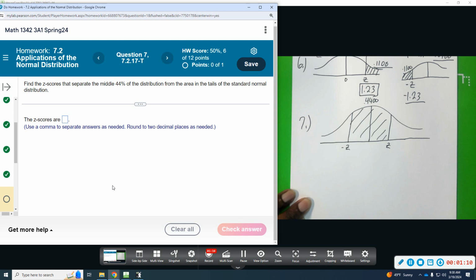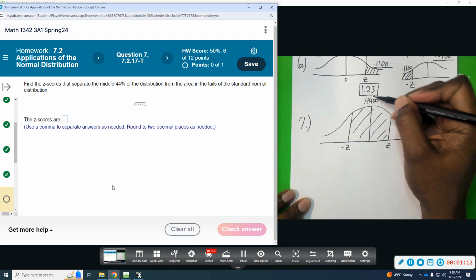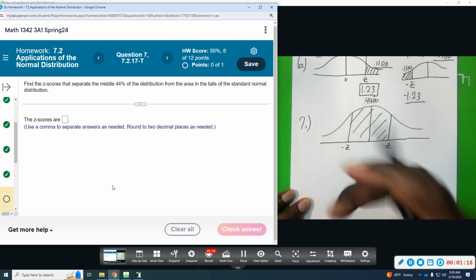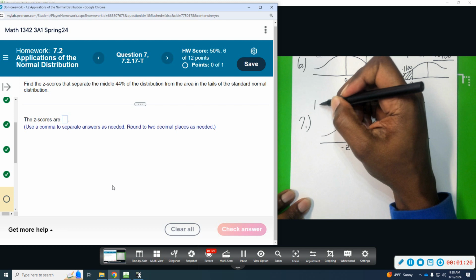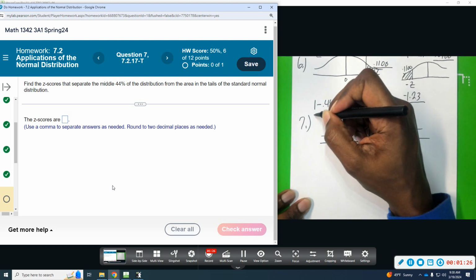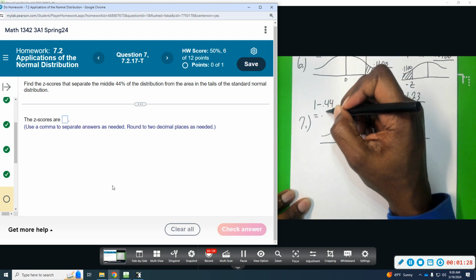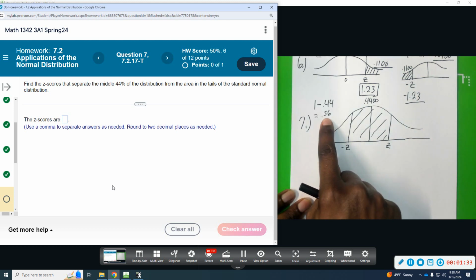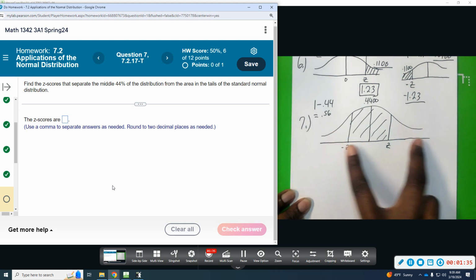It's symmetric. So we're going to use this 44%, and the way we use it is we take the whole 100%, the whole tail. So if I take 1 and I subtract the 0.44, that's going to give us 0.56. Okay. This 0.56 is this tail plus this tail.